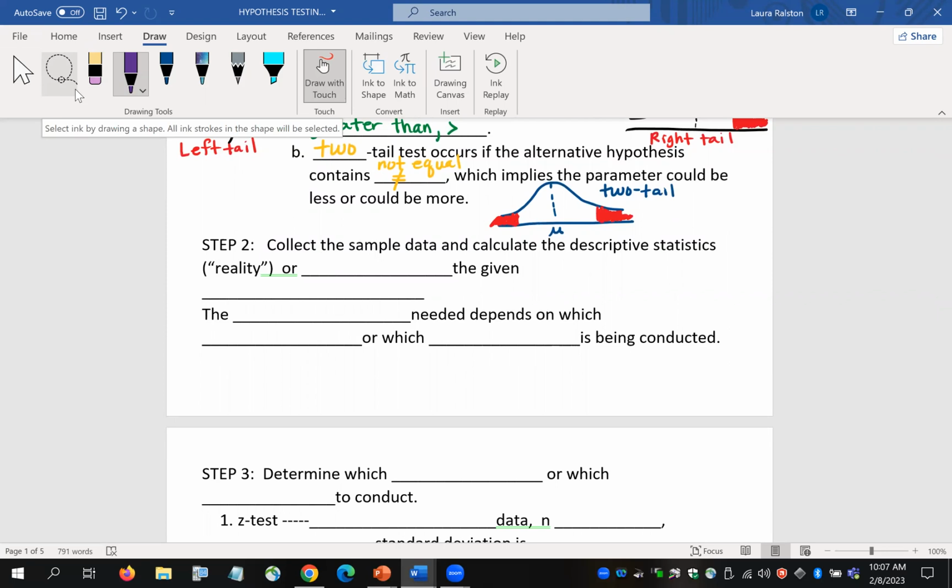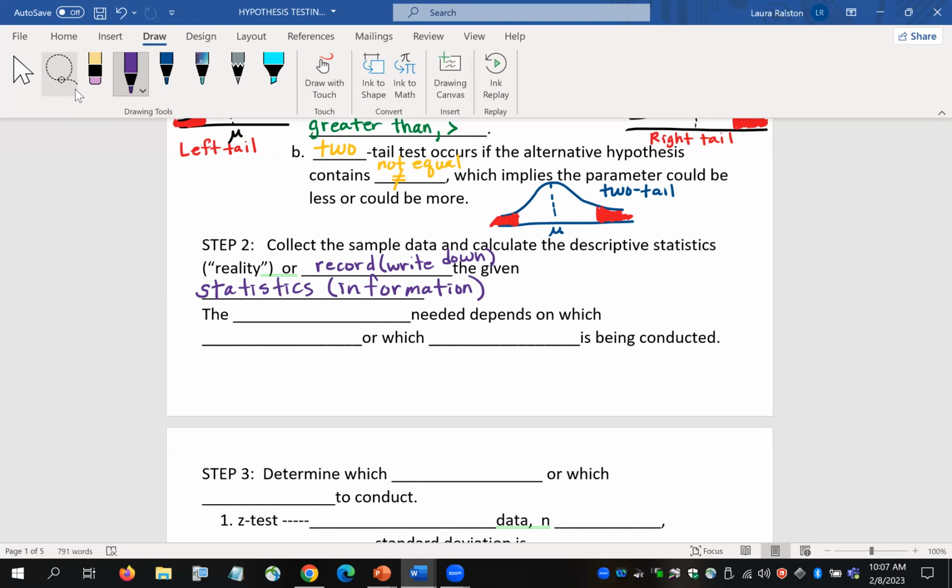But for us, you're going to record, which means to write down, the given statistics or the given information. All of the information that you need will be given in the problem.